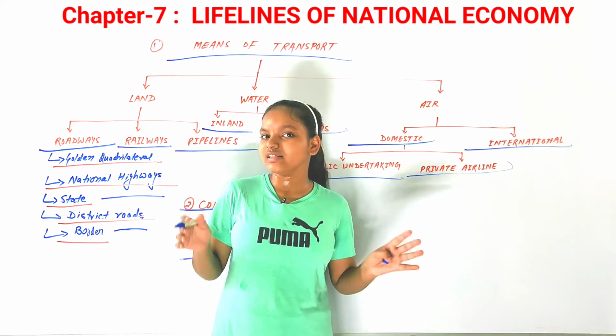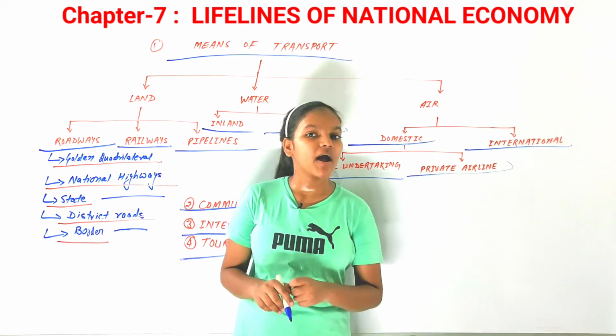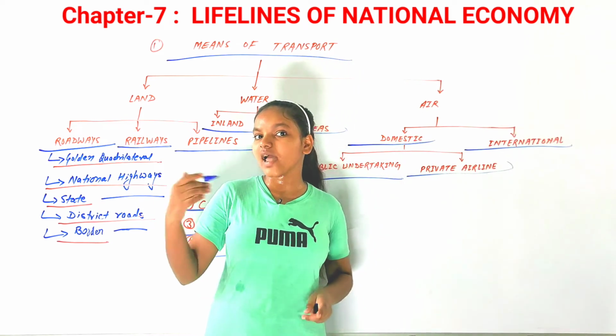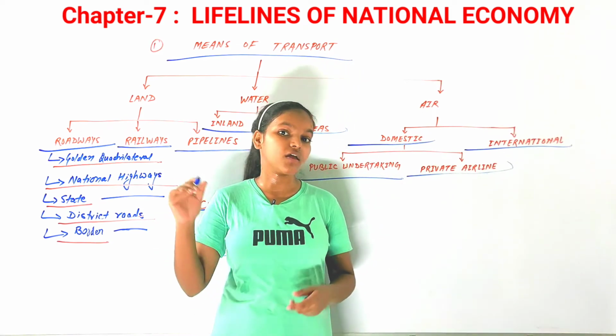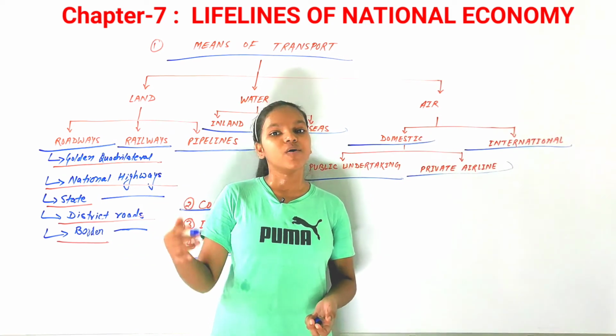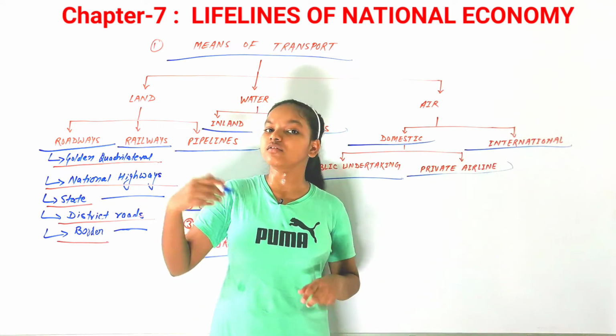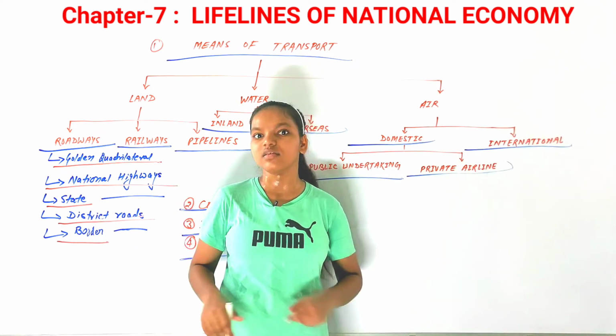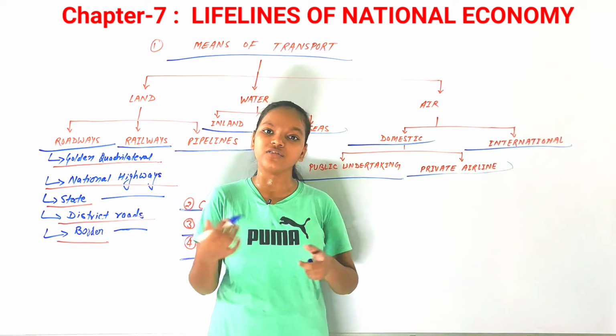Now this is all in this chapter. We discussed the means of transport, in which we saw land transport, with roadways and railways. In roadways we had golden quadrilateral superhighways, the border roads, state highways and national highways. After that we had district roads as well.